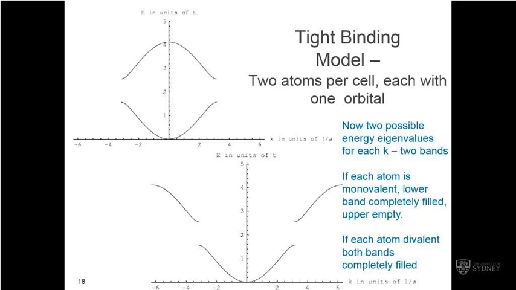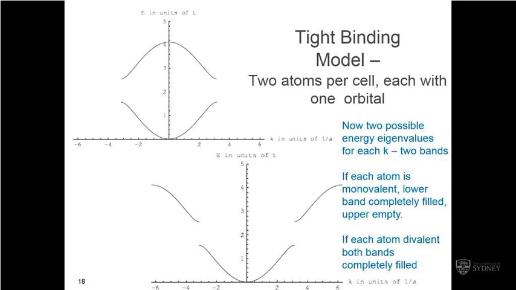I think we went over this with the nearly free electron model on Friday. The same thing for the tight binding model, just talking about which bands will be completely occupied or not. Let's have a quick look here. If we have 2 atoms per cell, each with 1 orbital, then you're going to get 2 possible bands.